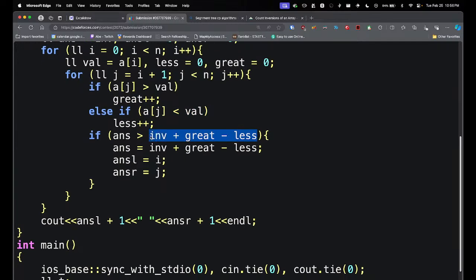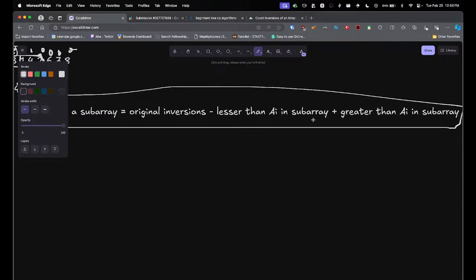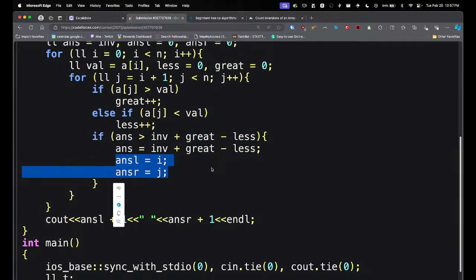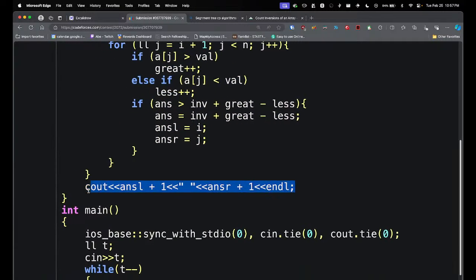Then this part you get from this only: original inversions plus greater minus lesser. So if my answer is greater than that, that means I found something minimum. So I update my answer and I update my LR. Once I have updated the LR, this entire loop handles everything, and I just print answer L, answer R. That's it.